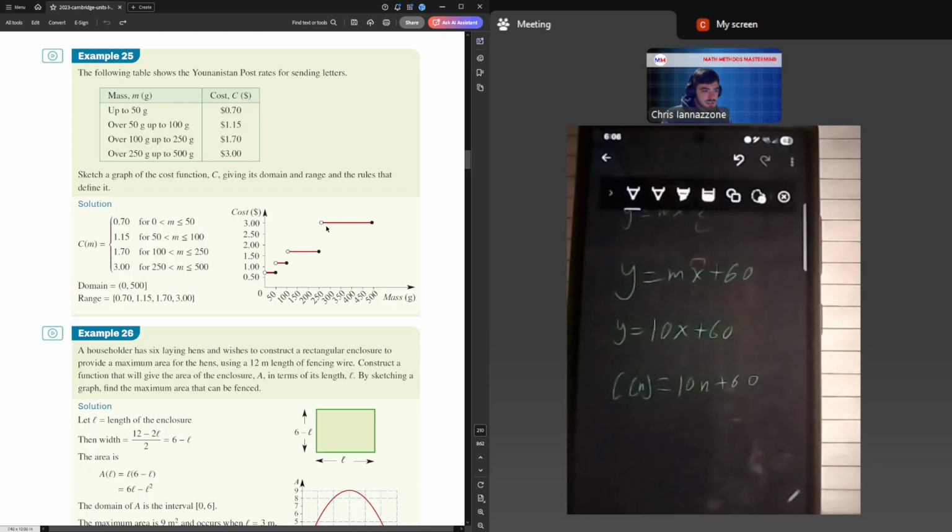You'll notice these are depicted by basically a piecewise function. So essentially, whenever you have a set of different domains, you basically have a piecewise function, where each of them is going to have a separate segment that's going to be valid over a particular domain. So for instance, this one here, that's going to be that 70-cent one.